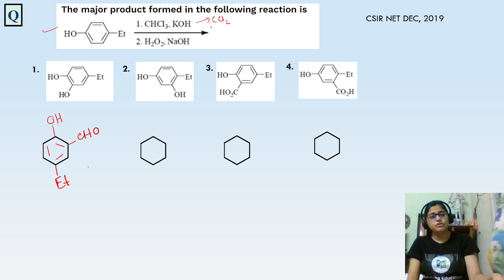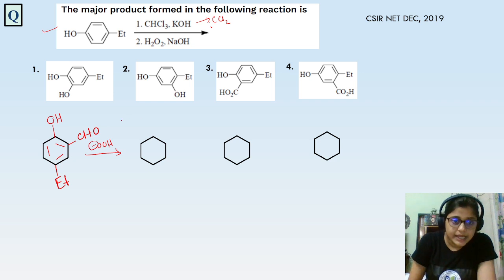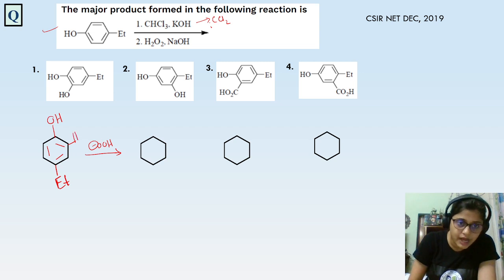Now H2O2 and NaOH are given. In presence of H2O2 and NaOH, this anion OO minus is there. It will attack at the carbonyl center. So I will draw the carbonyl center so that you can understand it properly.